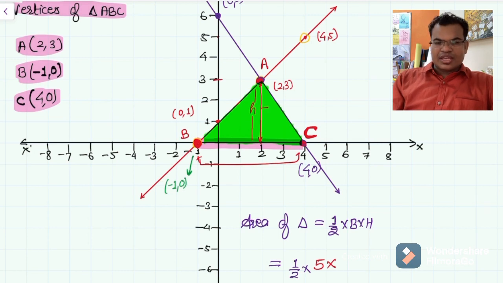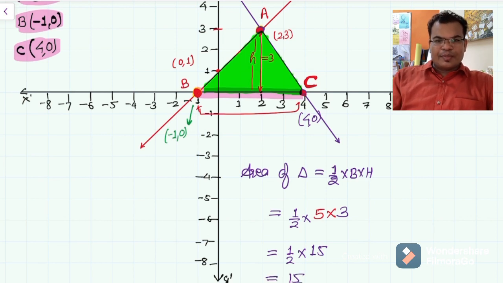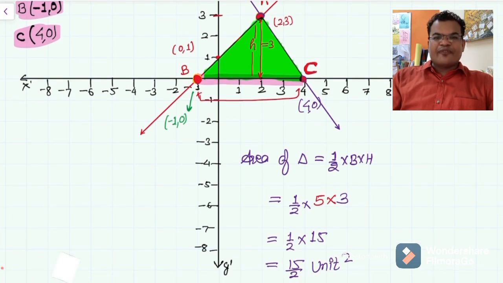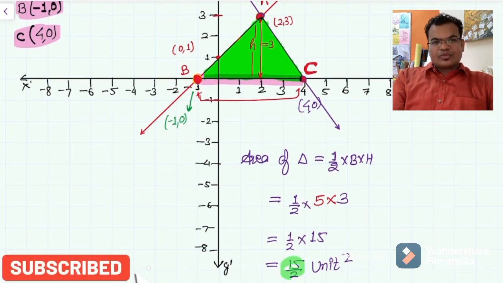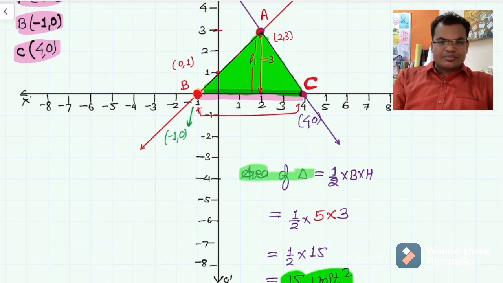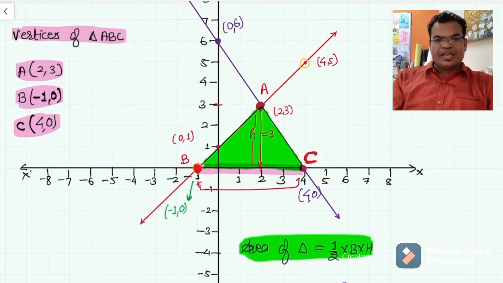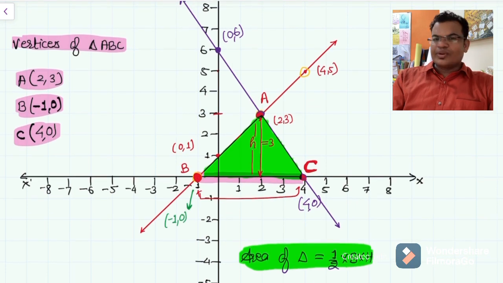Okay, so 3 units will be the height of this triangle, and so 5 into 3, and after this you will simplify. 5 3s are 15, 1 by 2 into 15, that is 15 by 2. Everyone knows the area of a triangle comes in square units only. So the area of the triangle is 15 by 2 square units. This is your final answer.